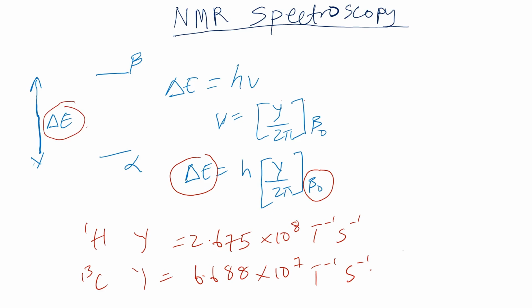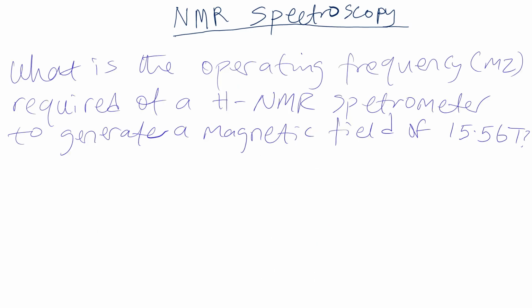In some cases, you may also be asked to calculate the frequency. If you are asked to calculate the frequency, you make use of this equation. So let's look at an example. What is the operating frequency required of an NMR spectrometer to generate a magnetic field of 15.56 Tesla?